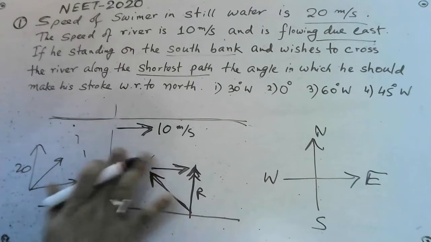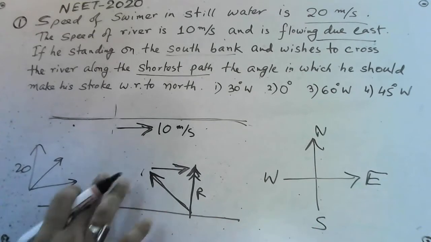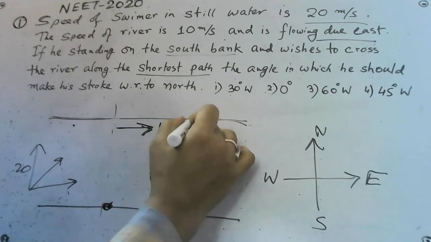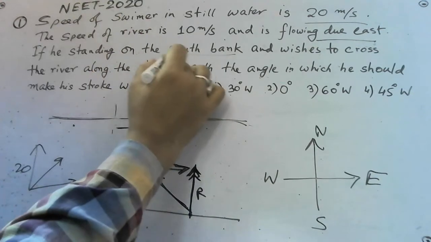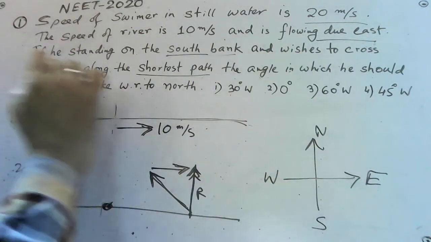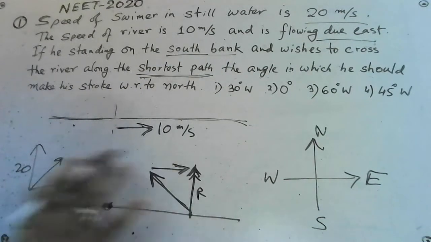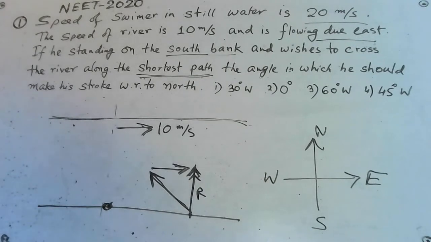So I'll erase this thing. This is not required for my case. I wish to move directly perpendicular to the opposite bank, because this is the shortest path. Okay, so my triangle will form like this. Now how can I solve the exact problem?